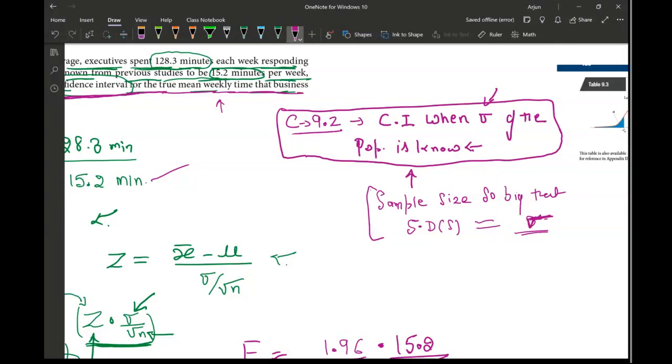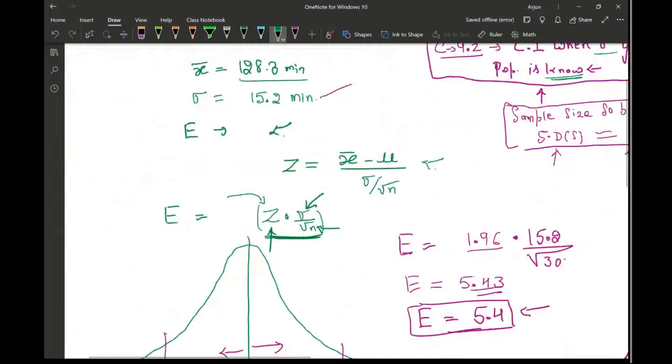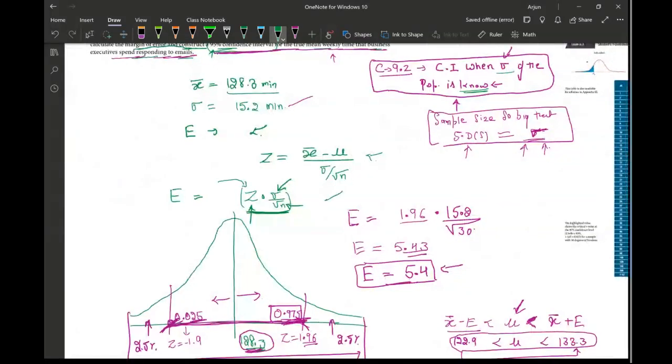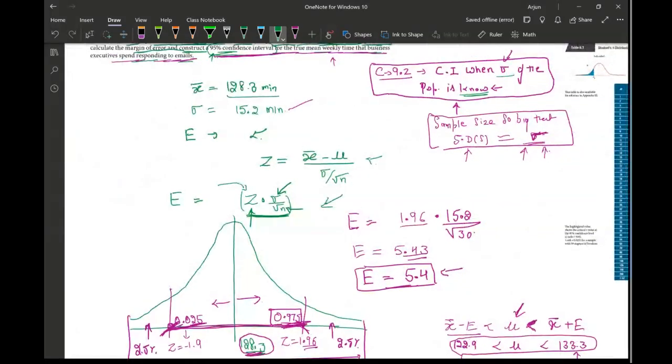So either this piece of information is given to you, that the sample size is so big that you can assume the standard deviation of the sample is the same as the standard deviation of the population, or you will be given that the standard deviation of the population is known. Then you're going to apply methods like this to create the confidence interval.